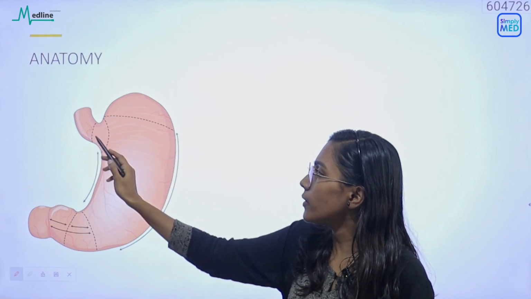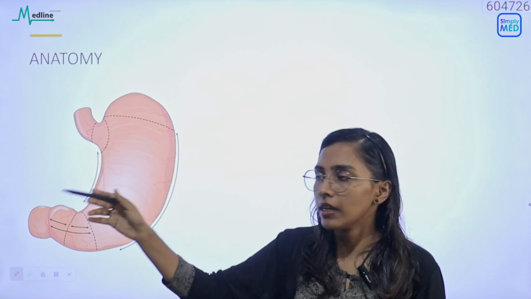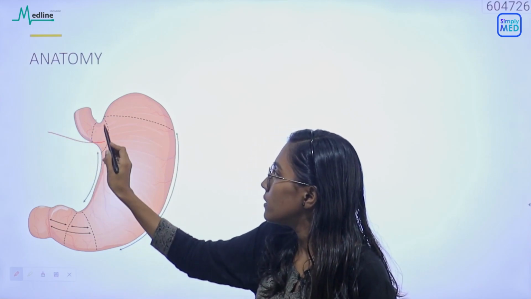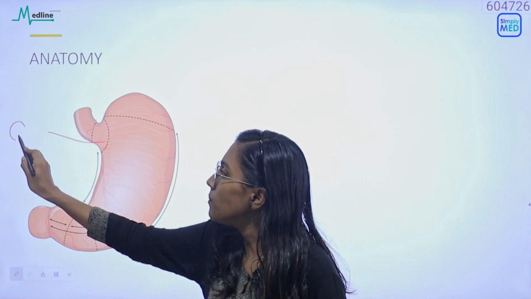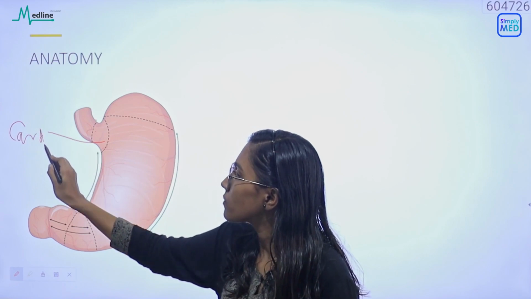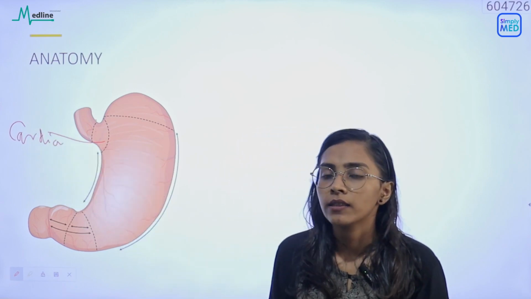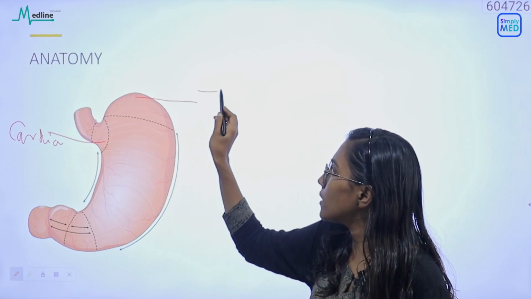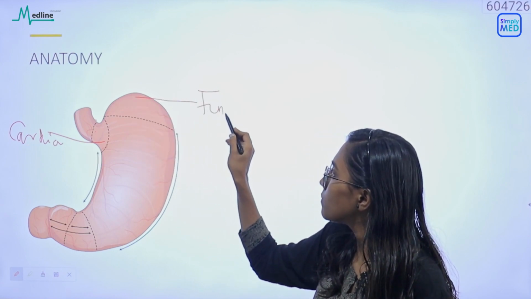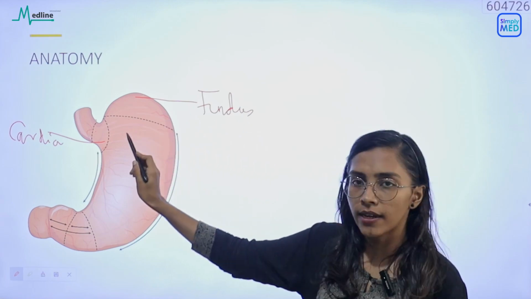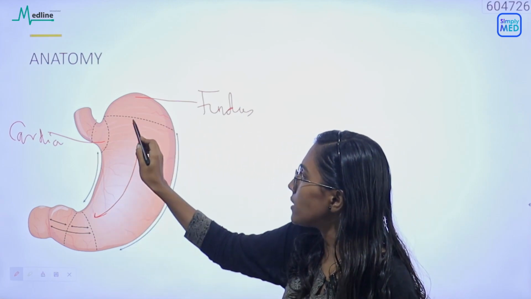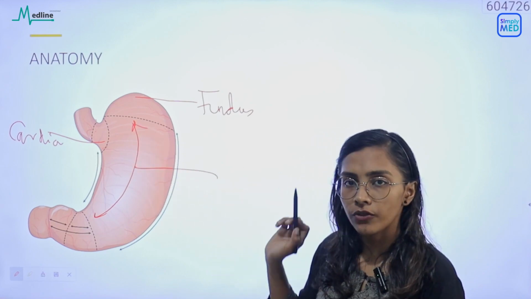The first part, which is continuing with the esophagus, is the cardia. So this small part is the cardia. Then the upper part here is the fundus. This biggest portion is known as the body of the stomach.